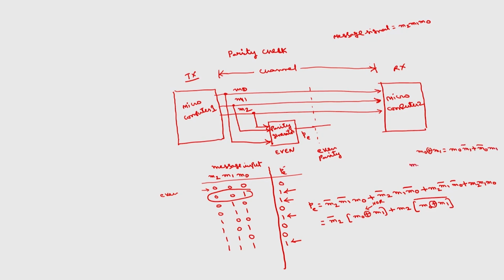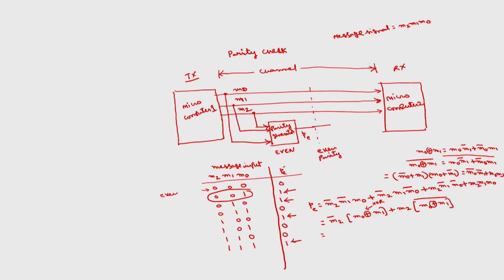If you take the complement of this, it is equal to M0 M1 bar plus M0 bar M1 whole complement. According to De Morgan's law, this is equal to M0 bar plus M1, into M0 plus M1 bar. M0 M0 bar becomes 0. So, we get M0 M1 bar plus M0 M1.